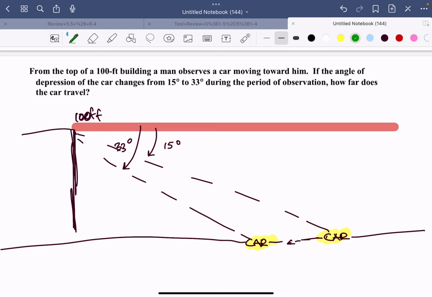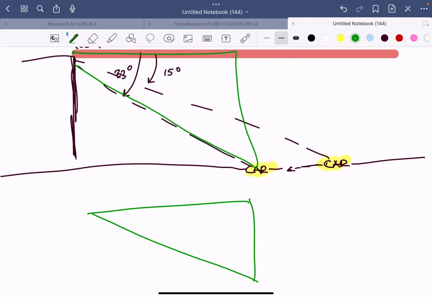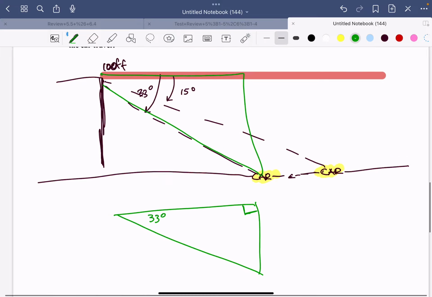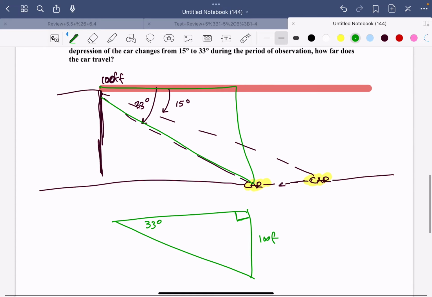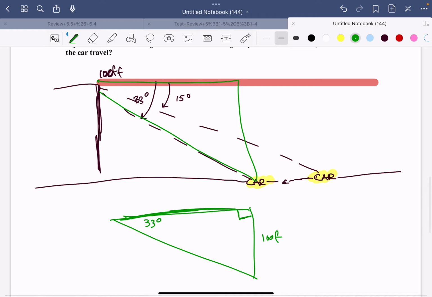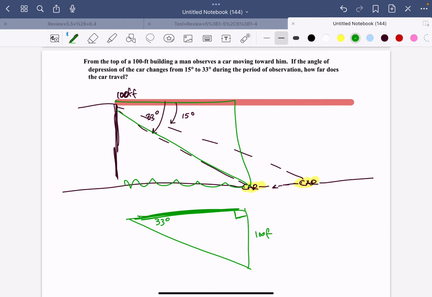Notice what we've done. We've created two triangles. First, one that looks like this, this green one, where the angle is 33 degrees. I drop down straight at a right angle, and the height is 100 feet. That will give us this distance here, which is the same as this distance down here. Then we have another big triangle, which goes all the way out to here.